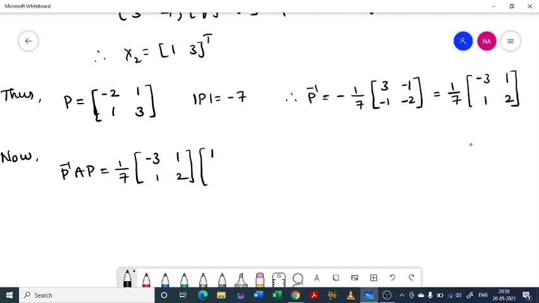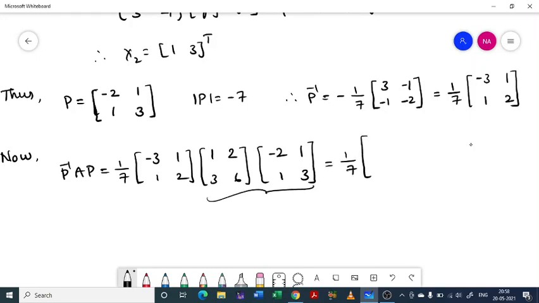You have to write 1 2 3 6 times P, that is minus 2 1 1 3, and multiplying these two you will be getting 1 by 7 times minus 3 1 1 2 times this, and you can check that it will be 0 7 0 21. Check whether there is any mistake in the calculation.